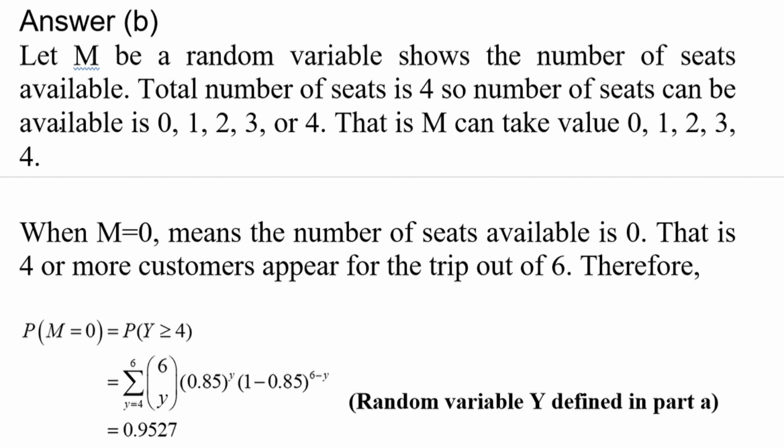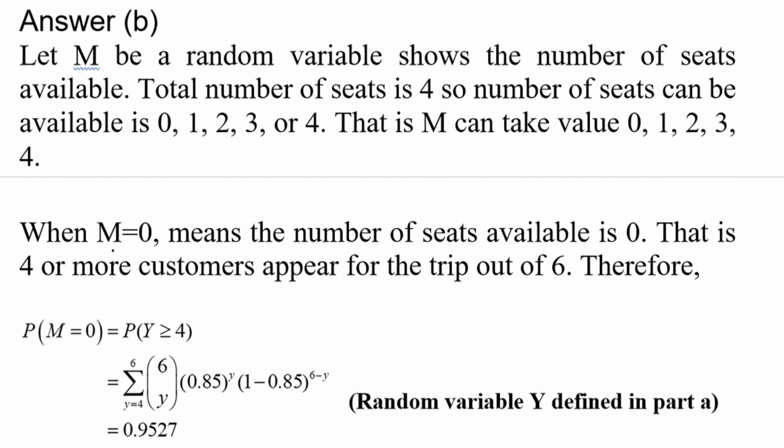So the number of seats that can be available when the limousine departs is 0, 1, 2, 3 or 4. 0 means all 4 seats are occupied. 1 means 3 seats are occupied and 1 is empty. 2 means 2 seats are occupied and 2 are empty, and so on. So let us calculate the probability when M is equal to 0.